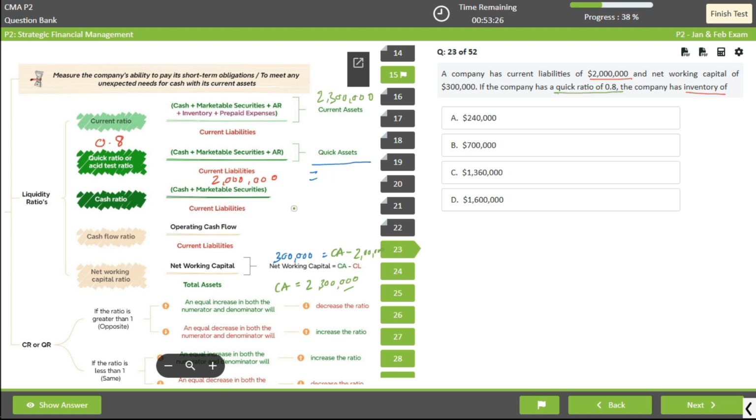So the value of quick assets is 0.8 into 2 million, which is 1.6 million. So the quick assets are 1.6 million.